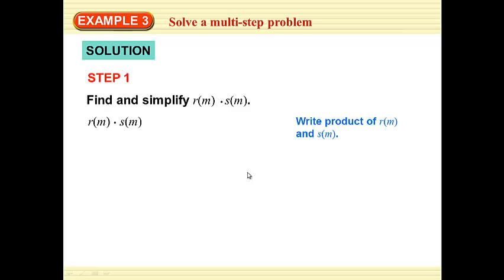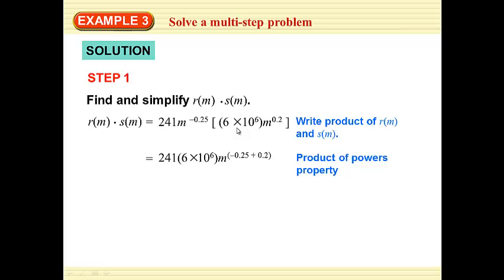So we just need to multiply those two functions together. In this case, we're going to multiply the number times this power here. And then when I multiply the exponents, I'm going to add the powers there. See what we get. Okay, so when I multiply those, I get this value, and I add those exponents, I get negative 0.05.